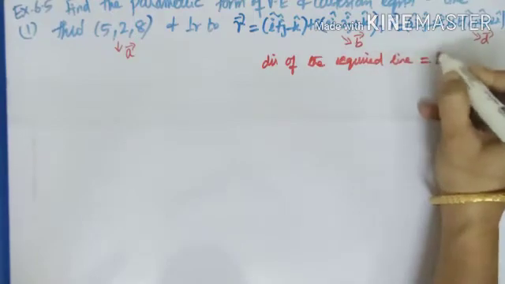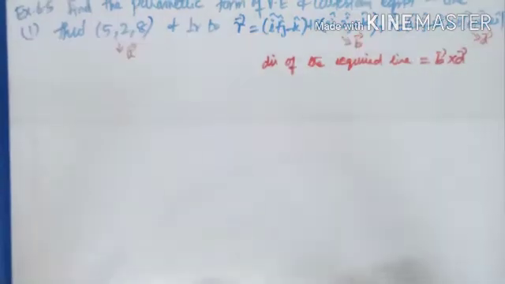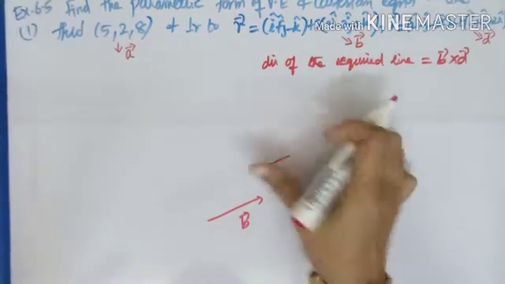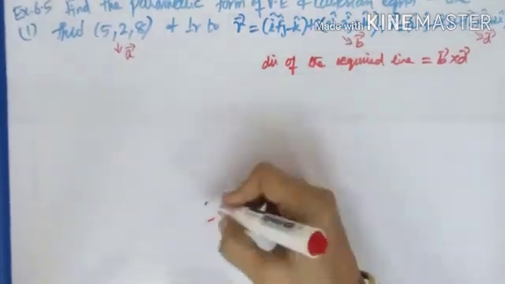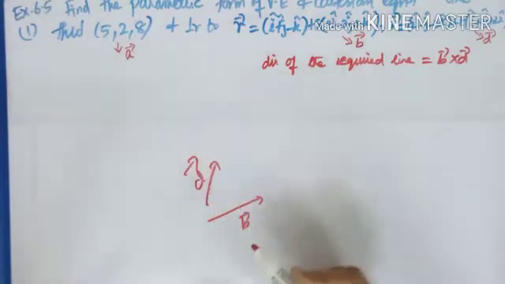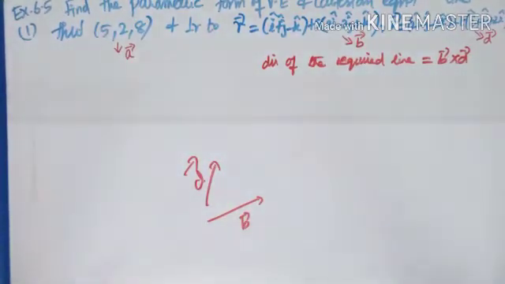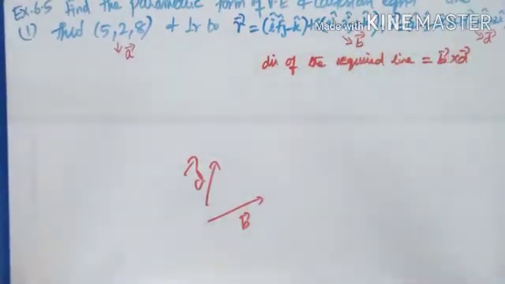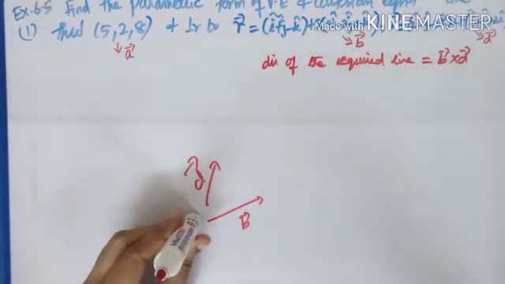B cross D. How do we say that? See, B is one direction, D is another direction. This line is perpendicular to both, means the line is like this.